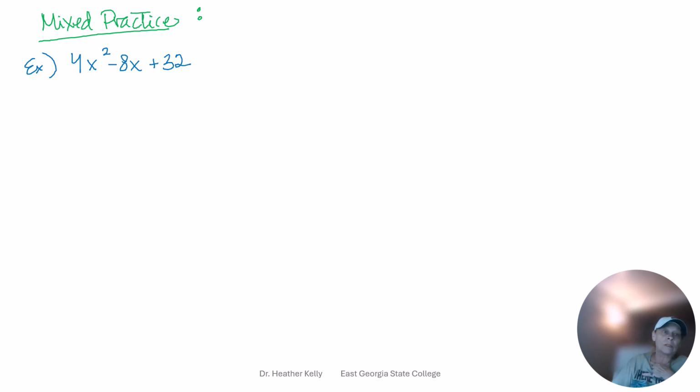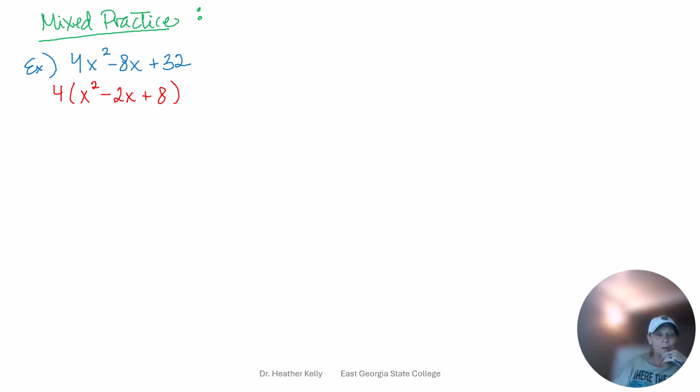If you notice, we can pull a 4 out of everything, and we're left with x squared minus 2x plus 8, which I love when the first leading coefficient is a 1, because it's really easy to factor. How does this factor?